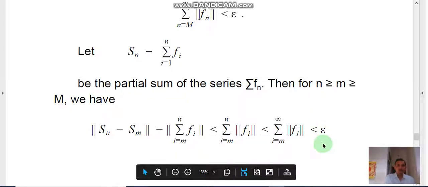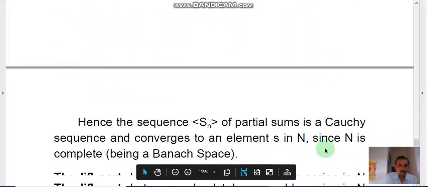So for epsilon we have obtained m such that norm of Sn minus Sm is less than epsilon. So this becomes a Cauchy sequence.